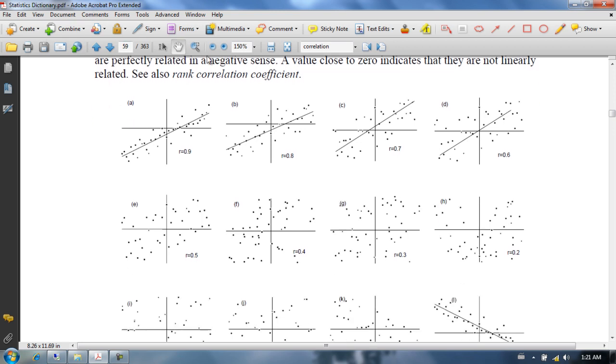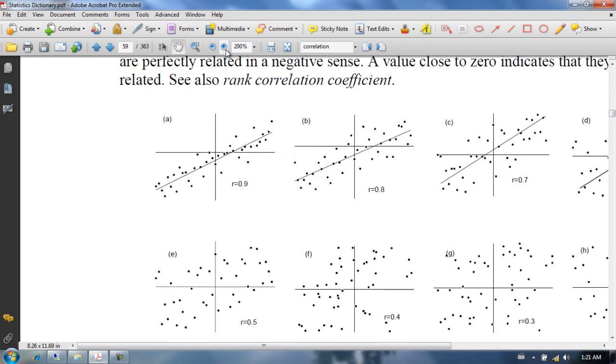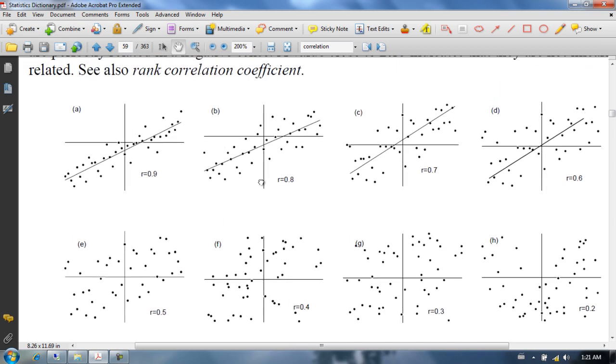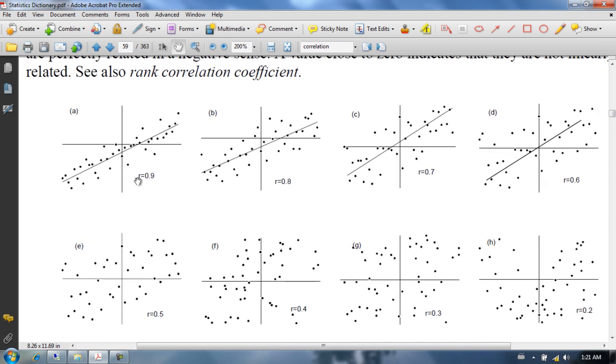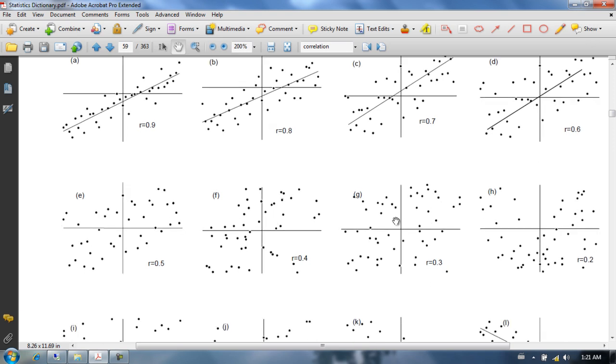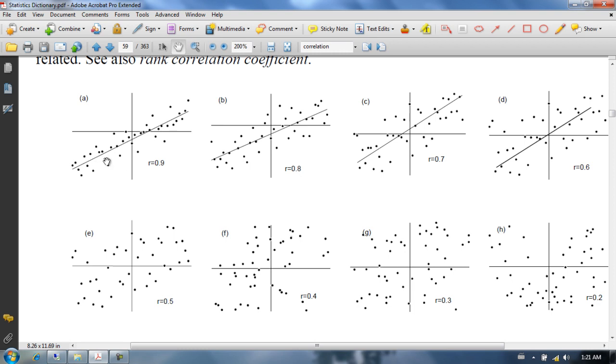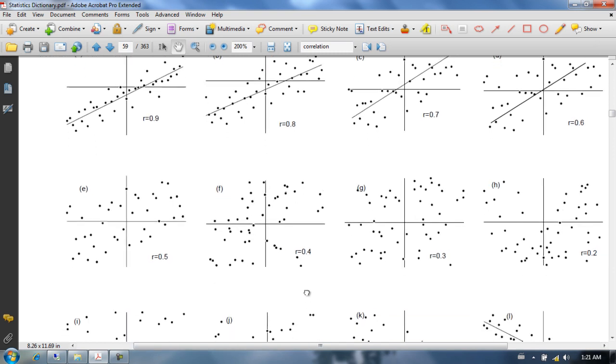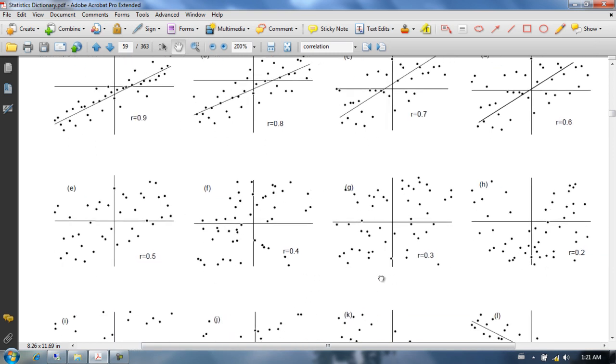So here is some data. This data is 0.9, 0.8, 0.7, 0.6, 0.5, 0.4, 0.3. See that these are in line, perfectly positive, and here some more data are displayed.